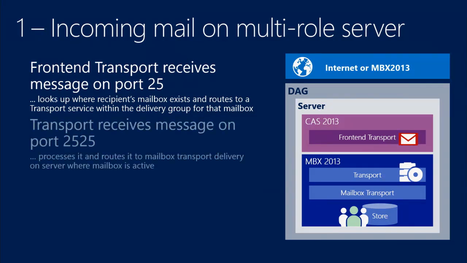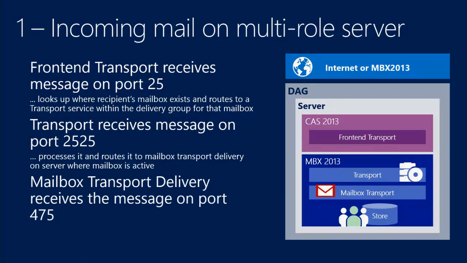We'll deliver that to the transport service via TCP 2525 since we're a multi-role box. And then we will deliver that message via the transport delivery service on TCP 475. That message will then be converted from MIME to MAPI and delivered to the store. Make sense?